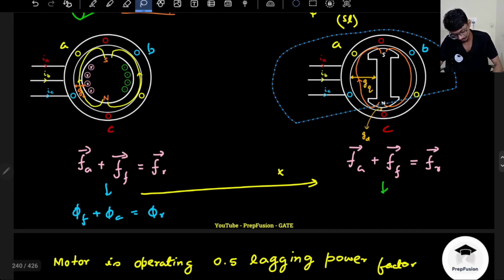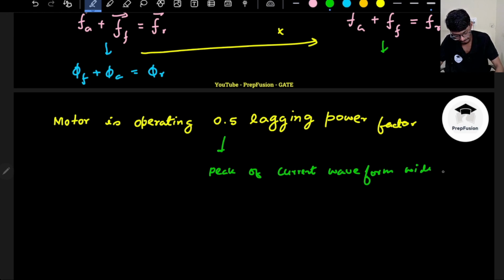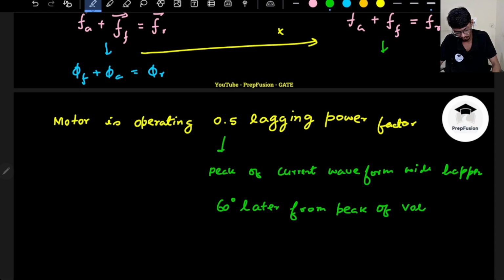It basically means, what does this lagging power factor 0.5 mean? So lagging means the peak of the current waveform will happen 60 degrees later from the peak of the voltage waveform. So voltage will lead the current.